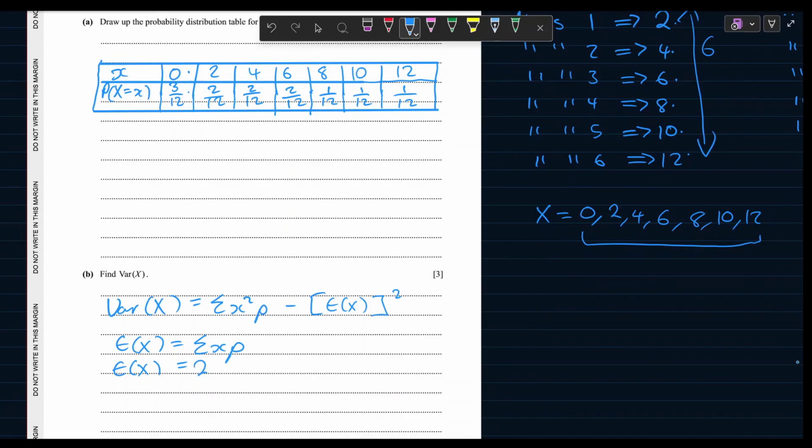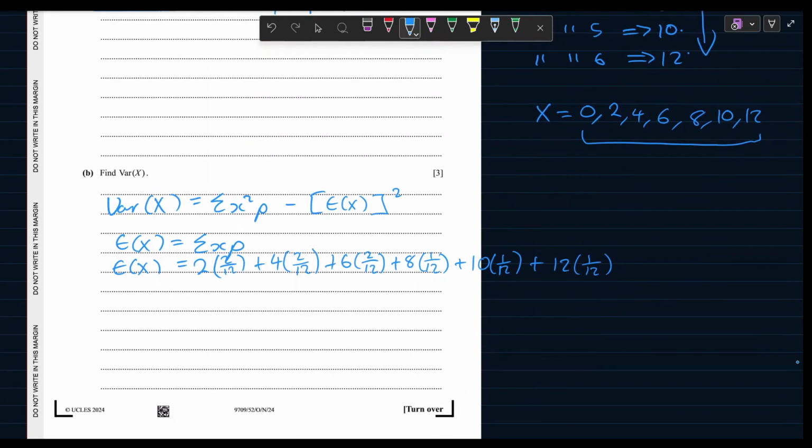Then you go on to the next one, 2 times 2 over 12 plus 4 times 2 over 12 plus 6 times 2 over 12 plus 8 times 1 over 12 plus 10 times 1 over 12 plus 12 times 1 over 12.